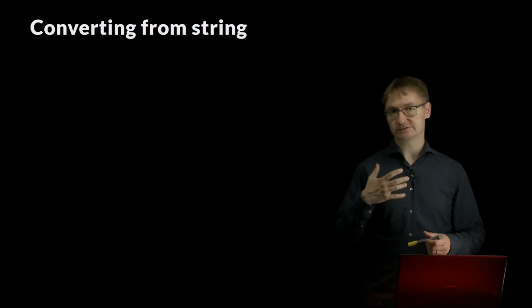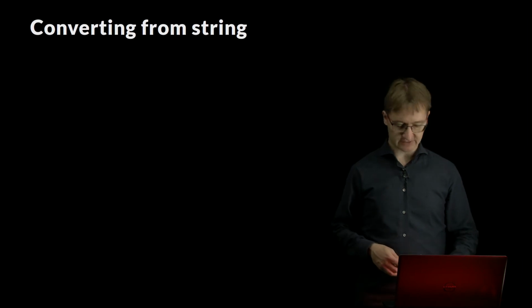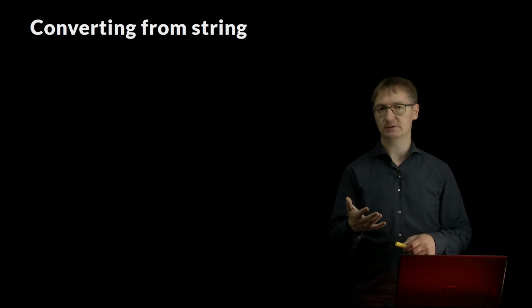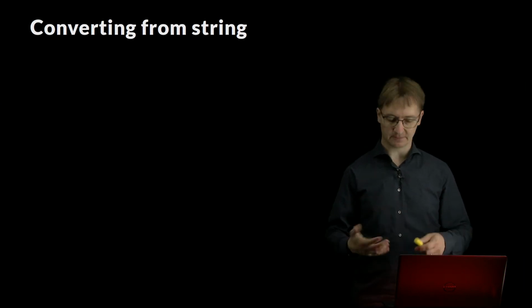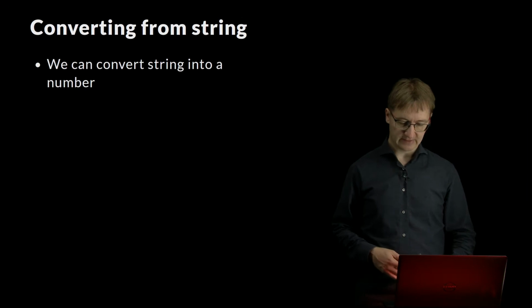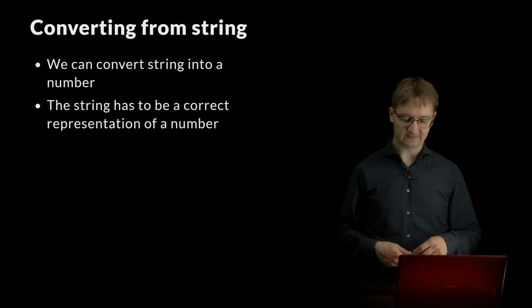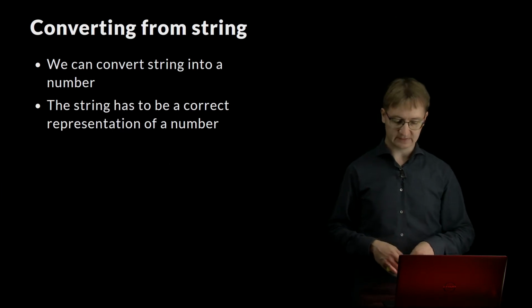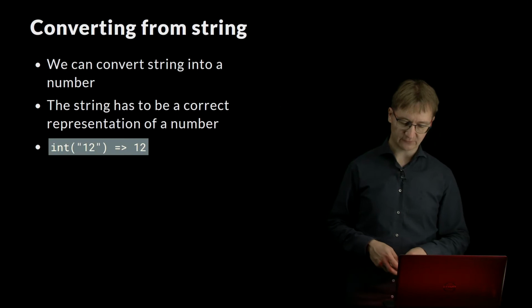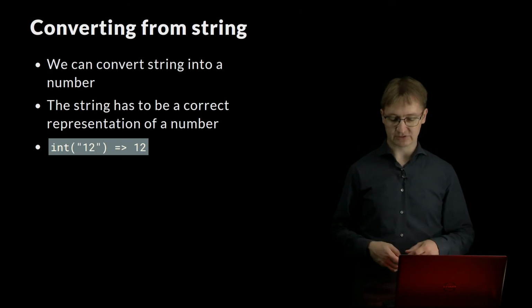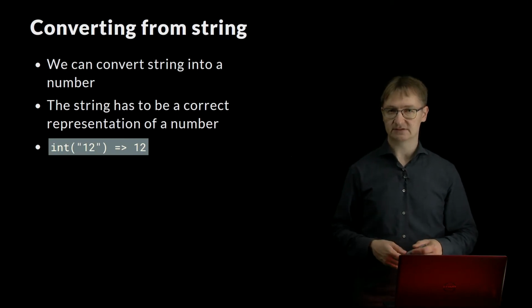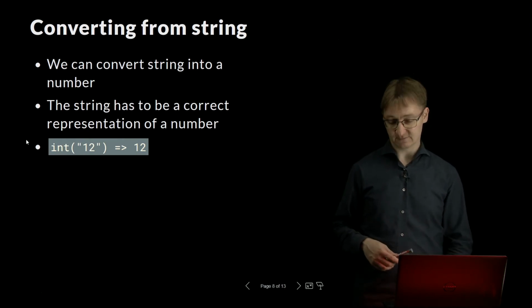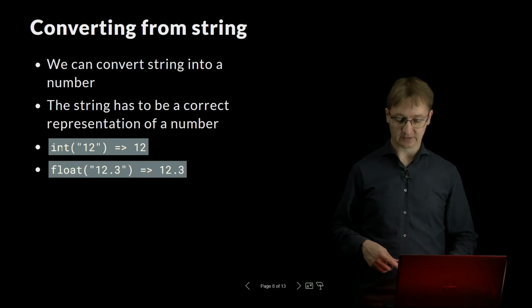Now we can also convert numbers from a string. This is useful, for example, when we ask for user input and we want to use this input as a number. That can be done, and we can convert it if the string has a correct number inside it. So for example, if the user enters 12, then this is a string, and to get an actual integer out of it, we can use the function int, or we can use float.